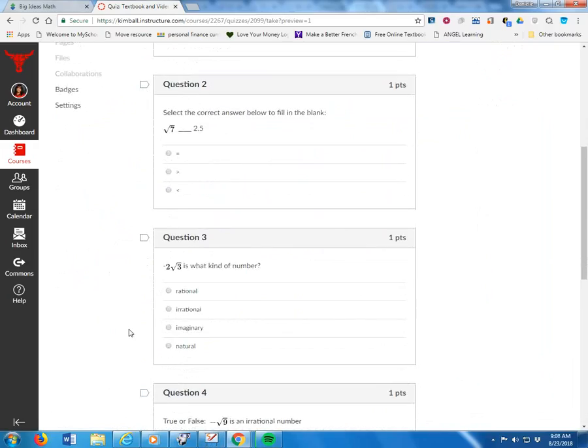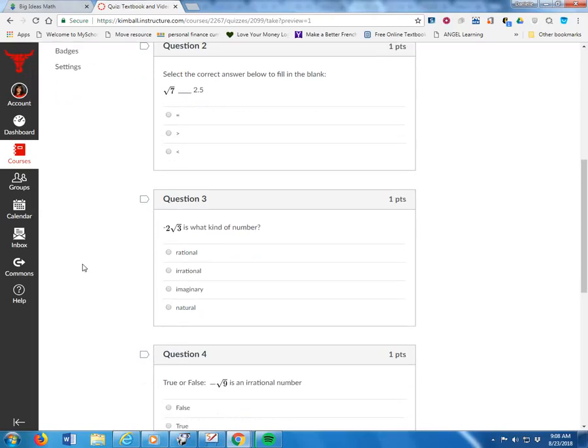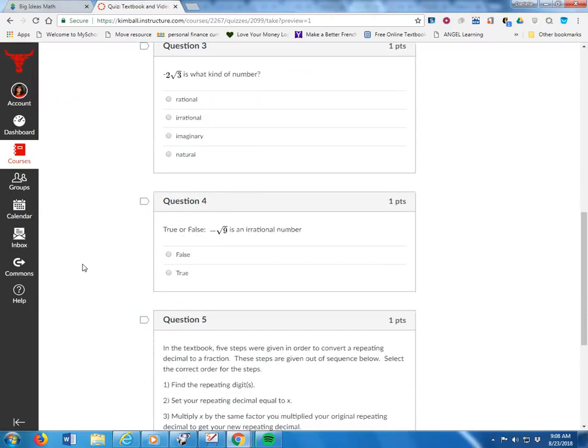So let's look here. Select the correct answer. The square root of 7. What is the square root of 7? 2.6 something. Okay, so it is greater than 2.5. This is really just reviewing your number line and how you put numbers on the number line. Negative 2 square roots of 3 is what kind of number?